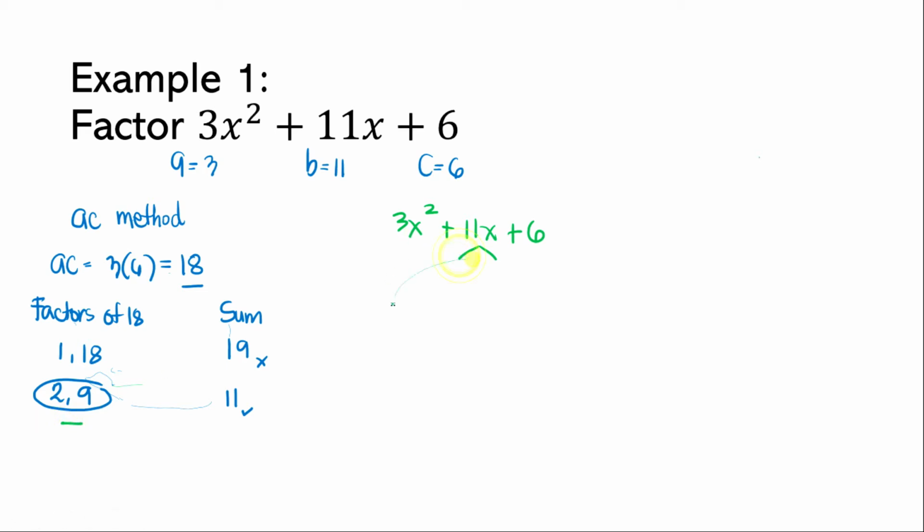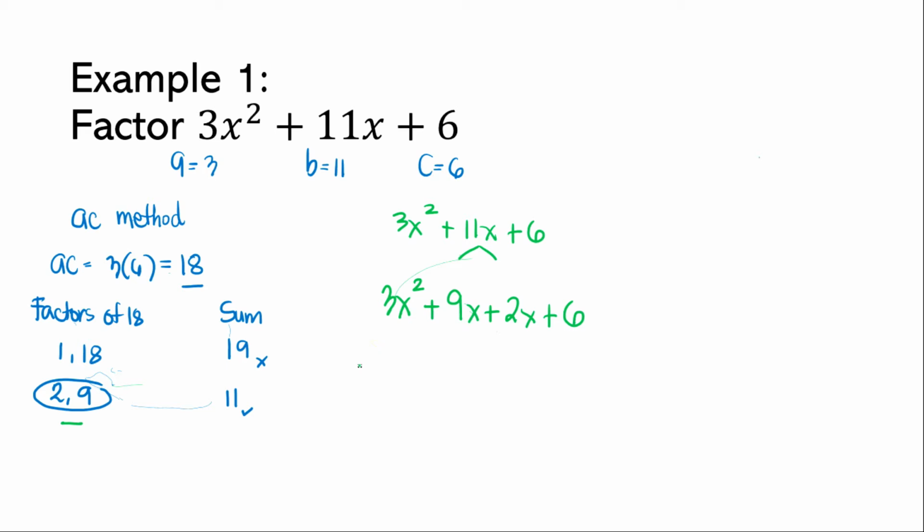So, 3 and 6 yung magkabilang dulo niya. So, let's say we have 3x squared, yung 11x ay i-breakdown ko sa 2 and 9. So, let's say dito ko ilalagay yung 9x plus 2x plus 6. Pwede naman magkapalit yung pwesto ni 9 and 2, depende na lang sa pagkaka-arrange natin.